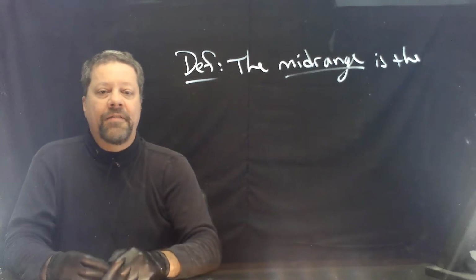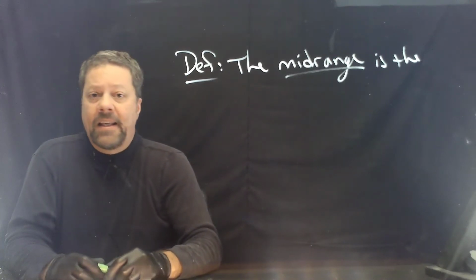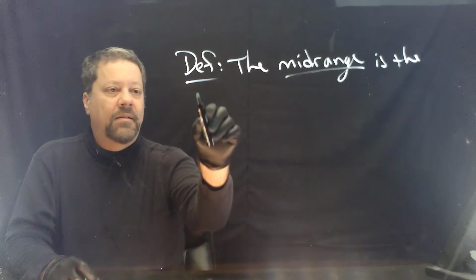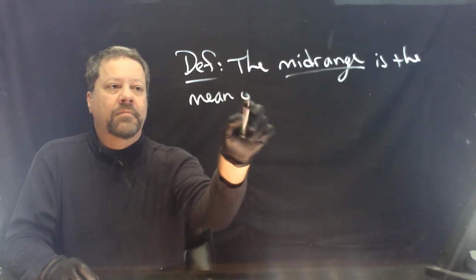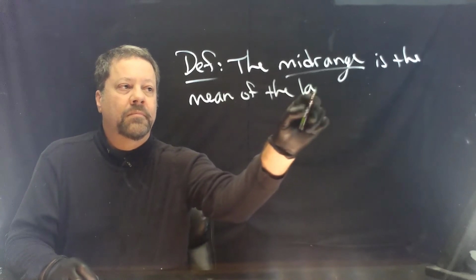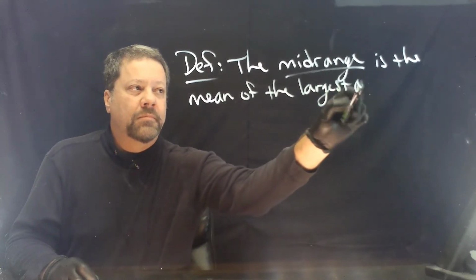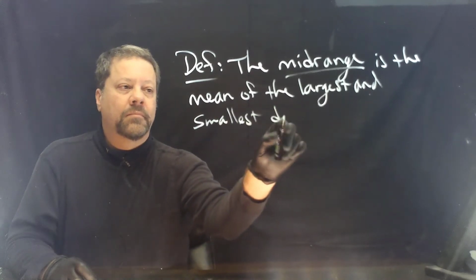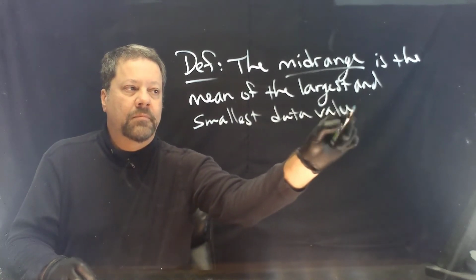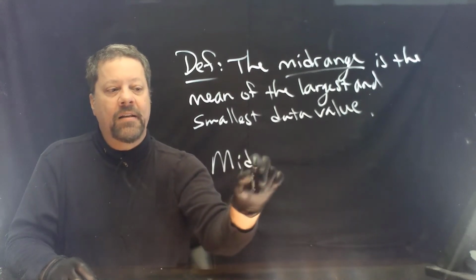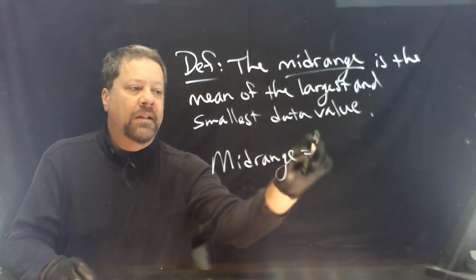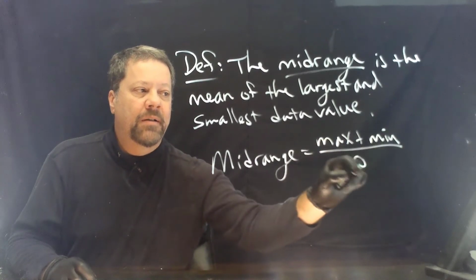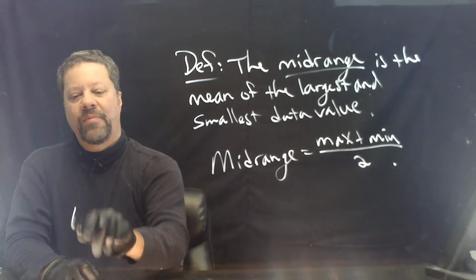It's the mean of the largest data value and the smallest data value. So the mid-range is the maximum plus the minimum divided by 2.